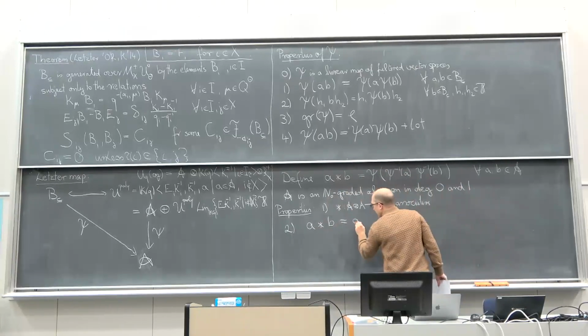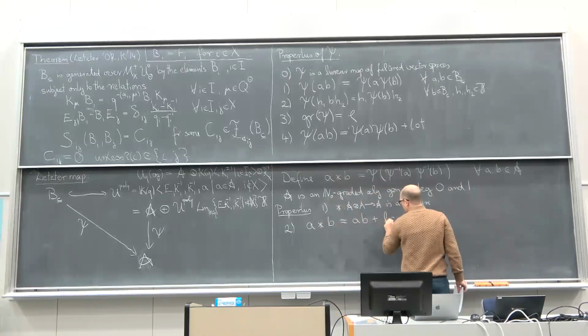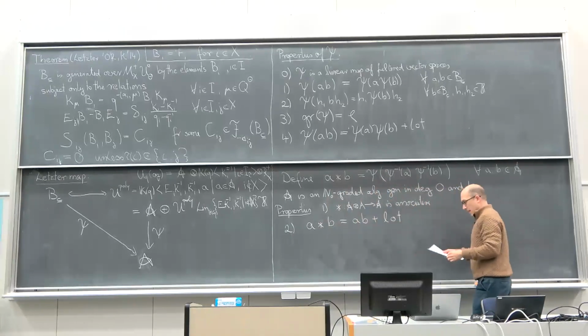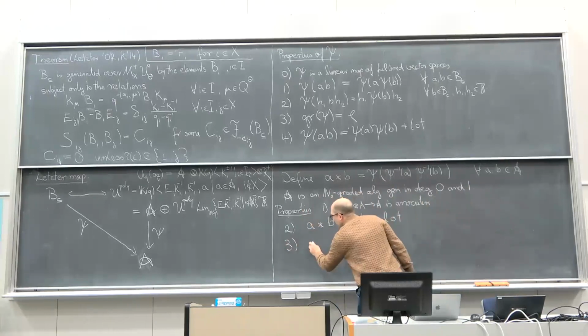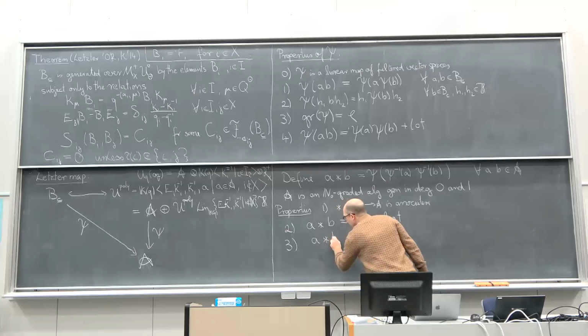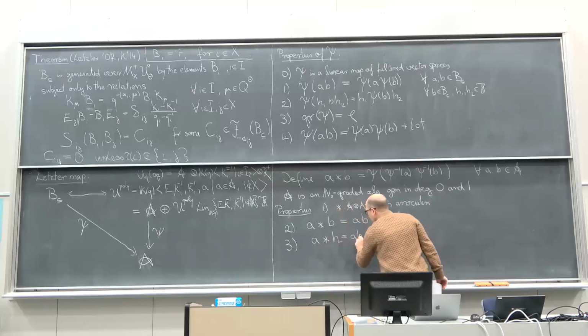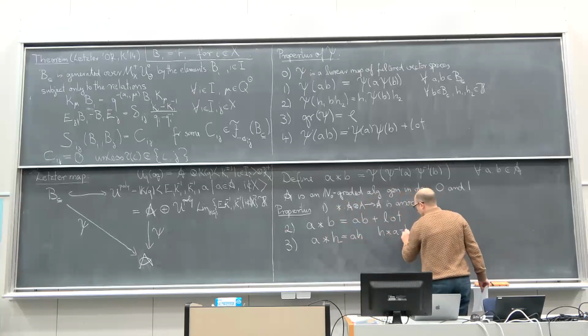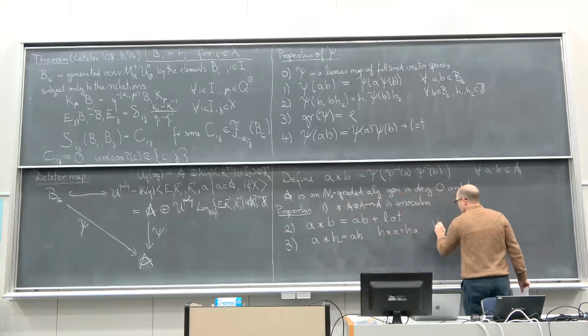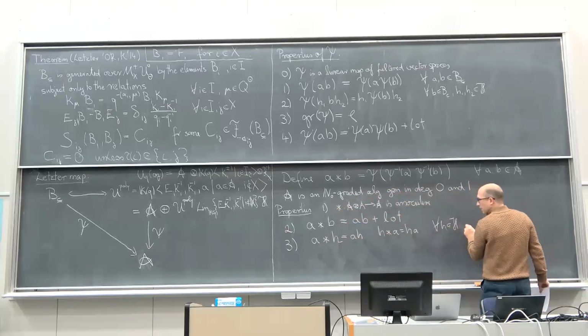Yeah, so this is A times B plus lower order terms. Then thirdly, if I multiply by something in H, then it's just the usual multiplication. So this is for all H in H and A in A.